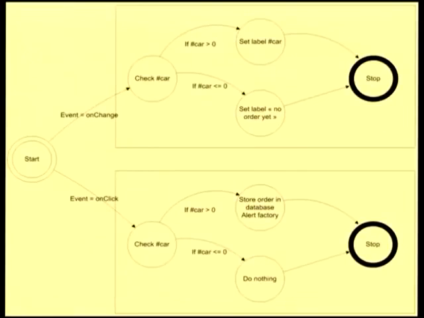But of course, you have to be careful about the action you trigger. For example, you cannot send a mail to the factory saying, I want to order -1 car. It makes no sense. So we have to check some conditions before triggering the action.